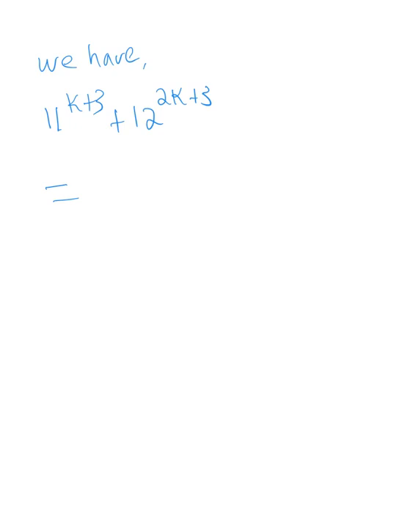We have to somehow break this expression down in terms of what we have in the inductive hypothesis. I can take out an 11 here. This is 11 times 11 to the k plus 2 plus 12 squared times 12 to the 2k plus 1. We're using properties of exponents.